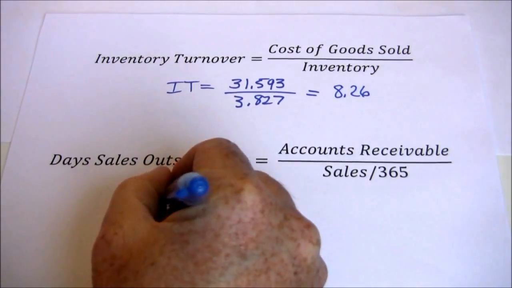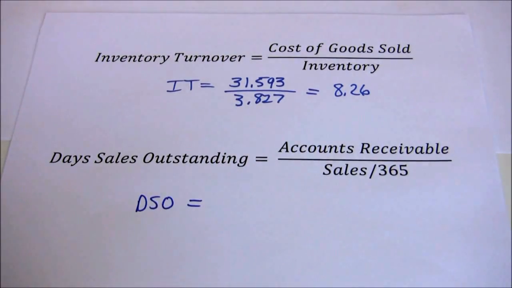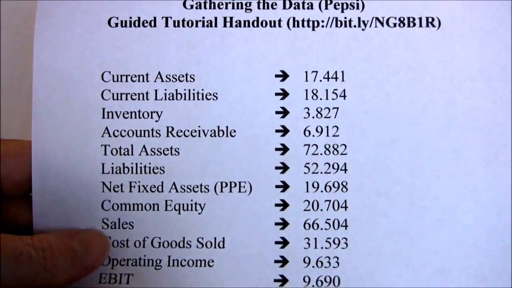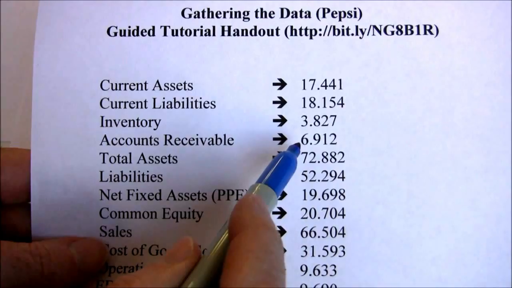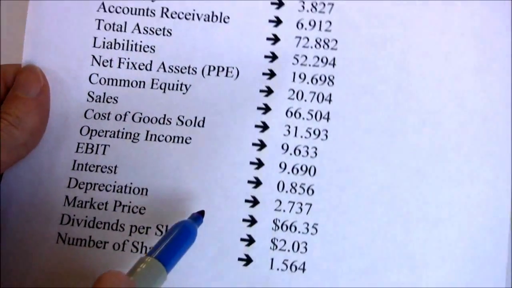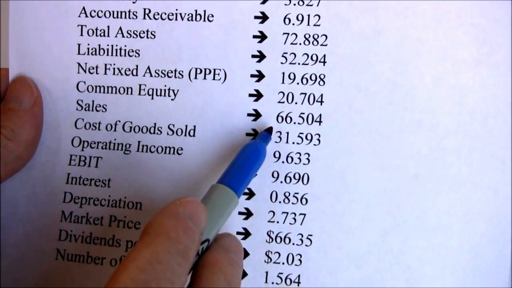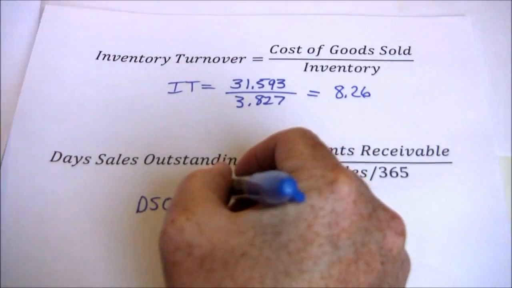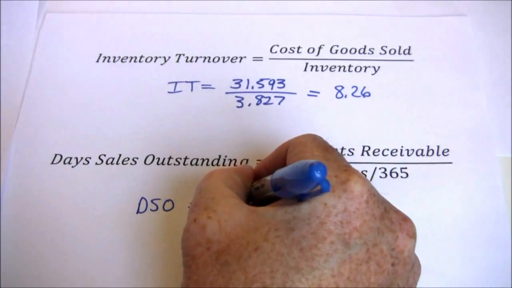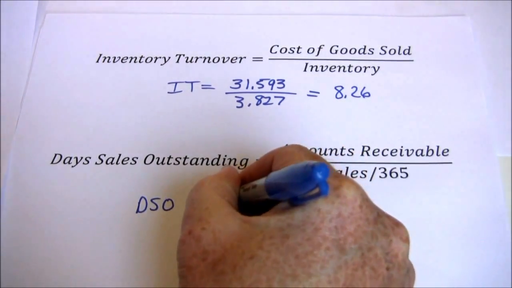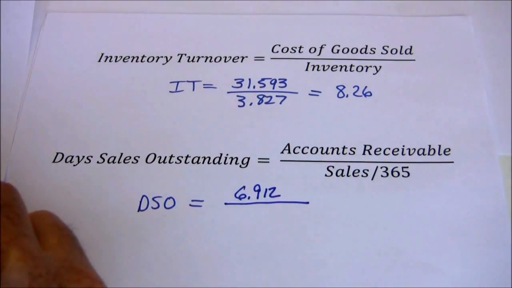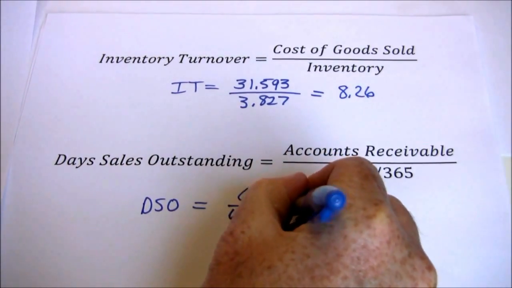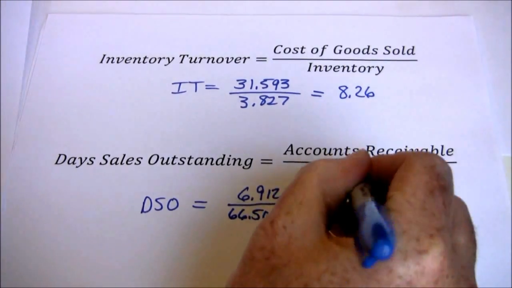Let's go ahead and calculate the days sales outstanding ratio for Pepsi. Our accounts receivable we gathered from the 2011 balance sheet at $6.912 billion, and the sales we generated from the 2011 income statement at $66.504 billion. So our accounts receivable, 6.912, over sales per day, 66.504 divided by 365.